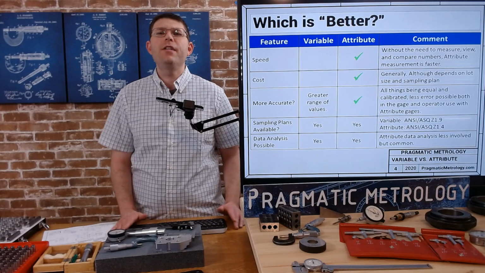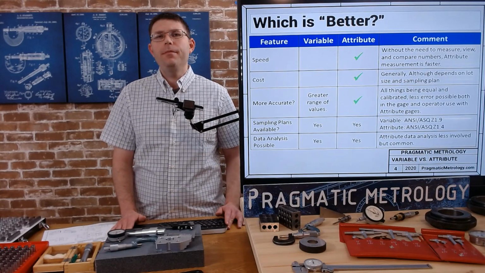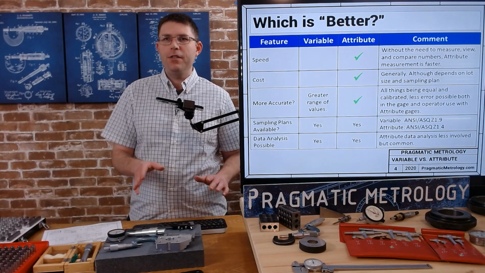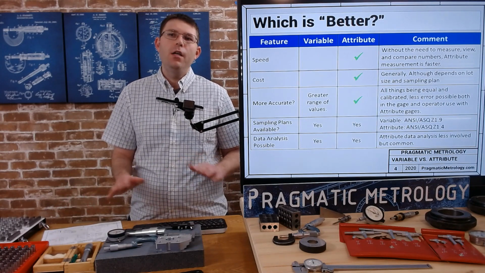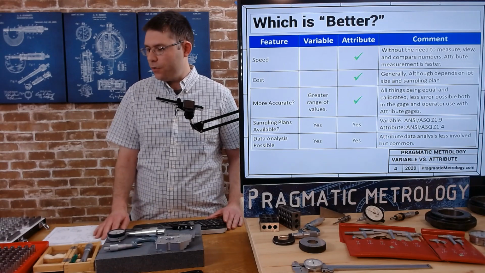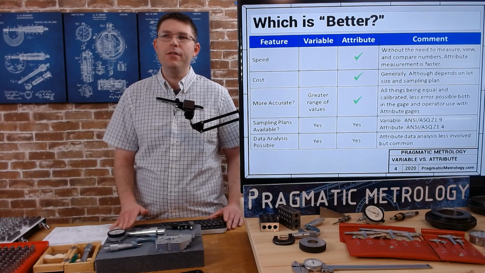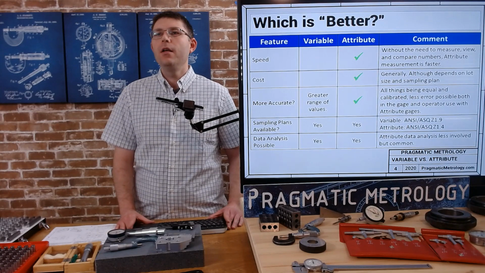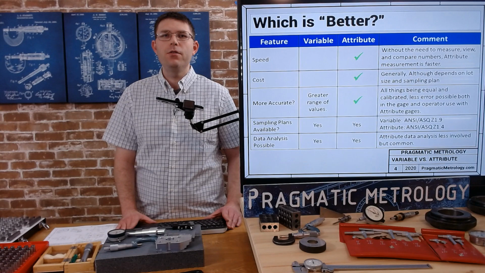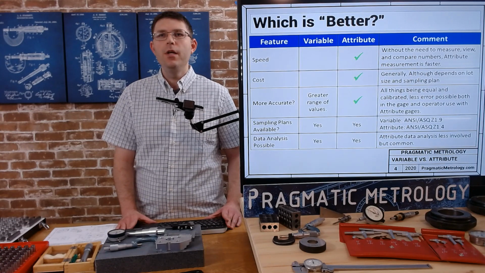When you're talking about sampling plans, as I was saying, it's not exclusive to the gauge. You can use variable gauges in an attribute plan and vice versa. But if you want to stick to using variable gauges and variable plans, look up these plans. The ANSI ASQ ones are not exclusive, there's more out there, but these are the most commonly used in manufacturing nowadays.